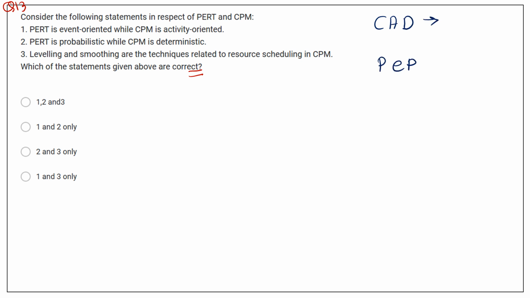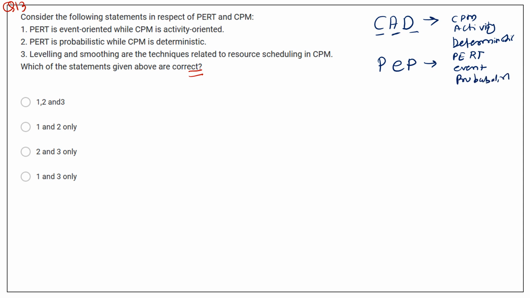So here CAD is C for CPM, A for activity, and D for deterministic. Okay, in case of PEP, first P is PERT, second E is event, third P is probabilistic approach.